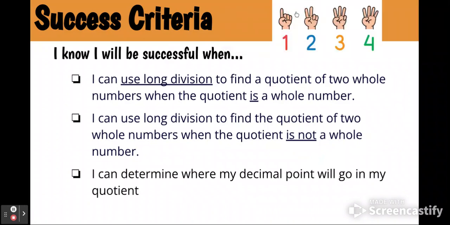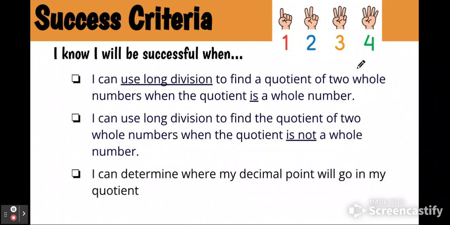What I would like for you to do right now, I want you to look at these three criteria. How well do you know long division? Do you know what to do when you have a decimal point in your quotient? I want you to stop right now and rate your understanding from a 1 to a 4. A 1 would mean I have no idea, I don't remember long division from elementary.